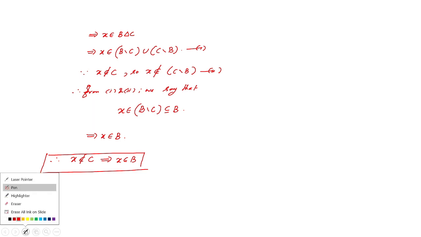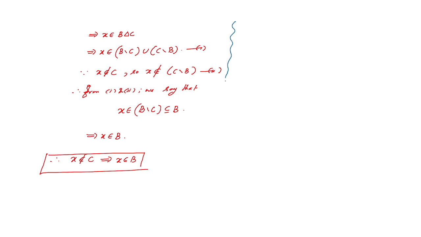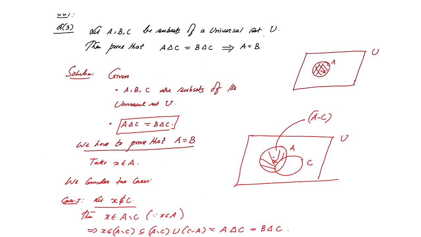Now we'll move to case 2. What is case 2? So this is a single star. Now we'll move to case 2. Here we have taken a particular element in A, that is X. That X belongs to C or does not belong to C. X does not belong to C is our case 1.